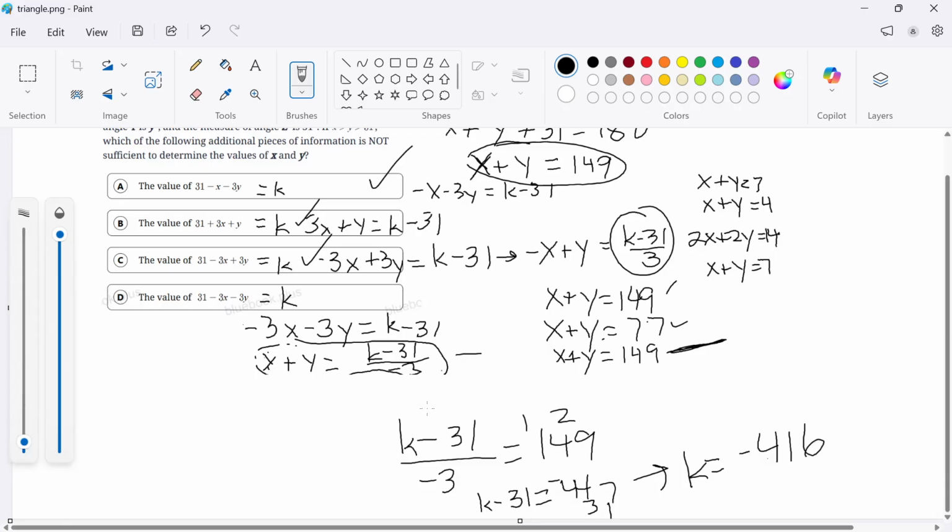So k is negative 416. So if k is negative 416, they're the same equation. It doesn't give me any new information. If k is not negative 416, then it still doesn't give me any new information. It just gives me conflicting information, a different value for x plus y.